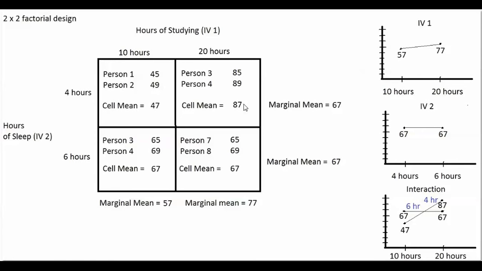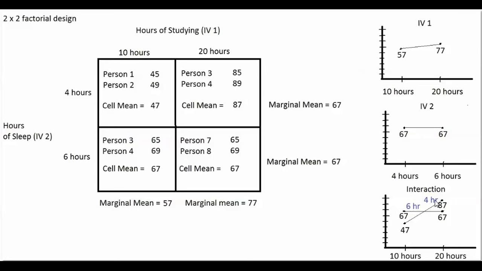We do have an interaction because the effect of hours of studying in row 1 is 40. It's a difference of 40. But the effect of hours of studying in row 2 is 0 because there's no difference. We can see that right here.